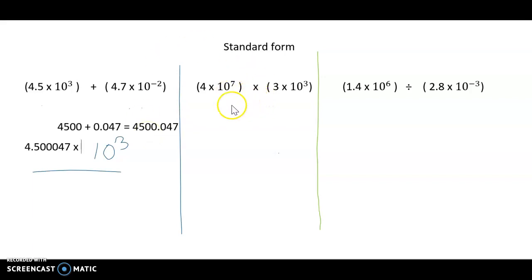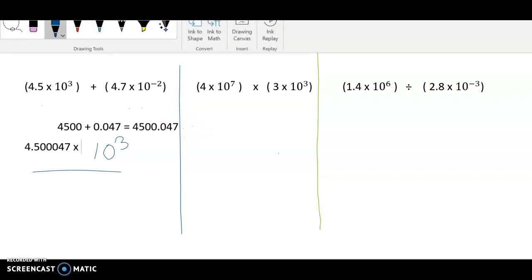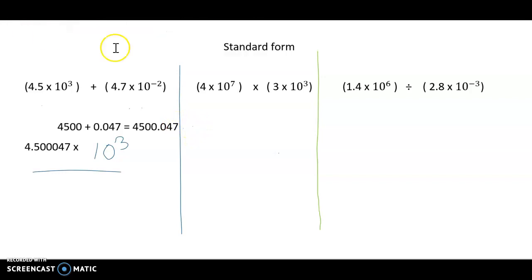So that's our first answer there. Right, we're going to be a bit more clever here with this. We're going to use our power rules. So I'm going to separate this out here. I'm going to multiply the numbers at the start of each of the standard forms.